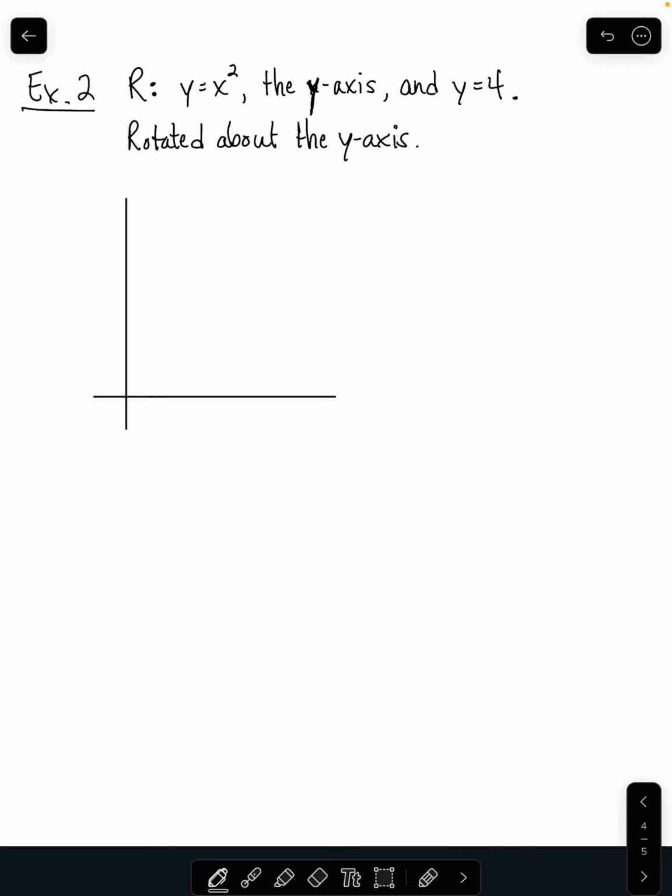I'm sorry, I suppose I should be a little more specific here. We do need to be a little bit more specific here because this function is mirror imaged on both sides of the y-axis.